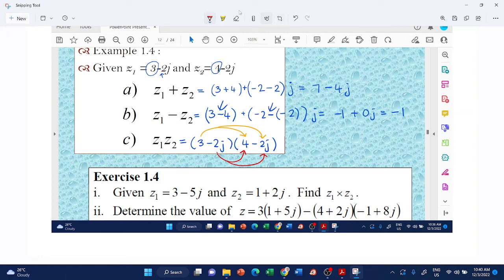So you times out one by one, following the arrow. Just make sure tak ada yang berulang lah. Okay, so kita start with the yellow one. So 3 times 4.